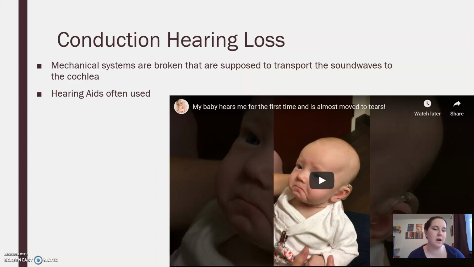And so hearing aids are often used because it's almost like a loudspeaker that they plant in your ear to increase your ability to hear things, because something is not working correctly. That's why a lot of older people, as they get up there in the years, may need a hearing aid. It could be they damage their hearing over time.